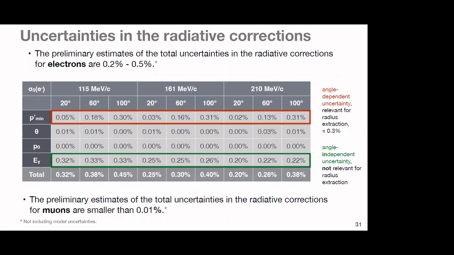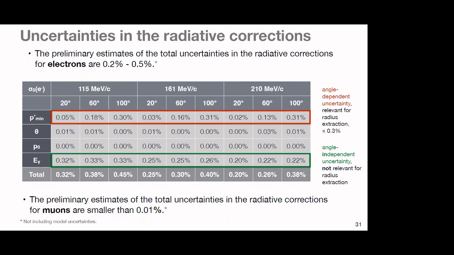With that, I give a more detailed table for the results of our uncertainties of the radiative corrections. This table includes the kinematic settings of MUSE selected, and in the different rows, I show the parameters on which these radiative corrections depend.